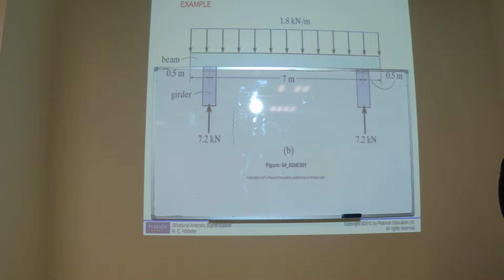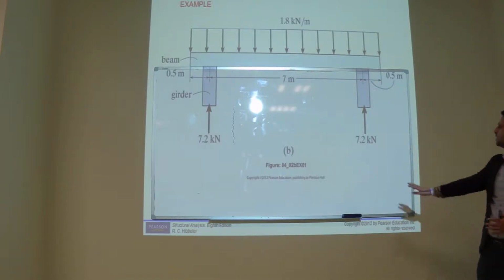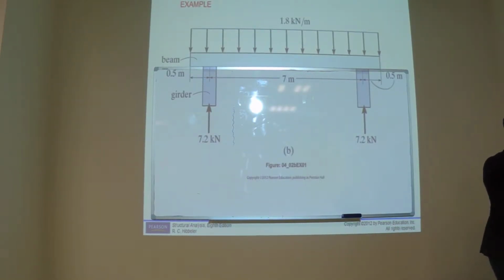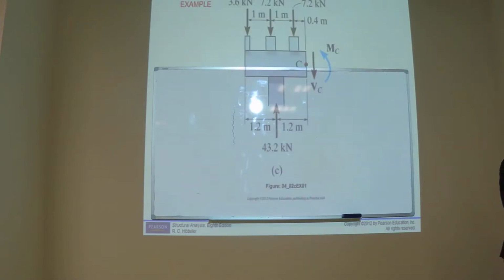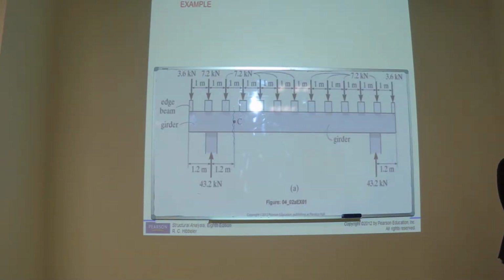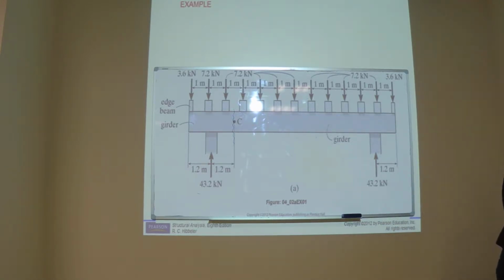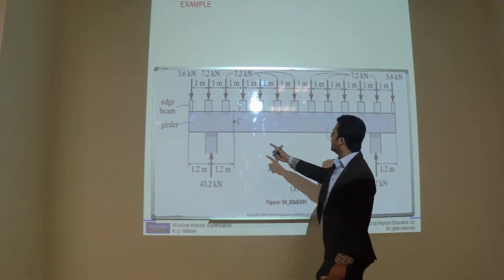This is the small joist. I already told you how the load is 7.2, how this reaction is 7.2. This is the same thing which we have discussed here. Okay, so let's cut this section and draw it here.